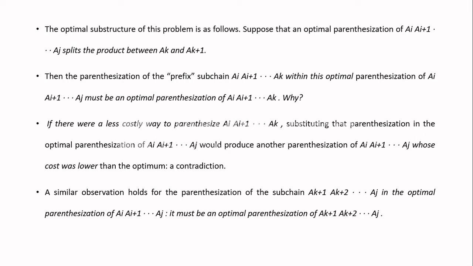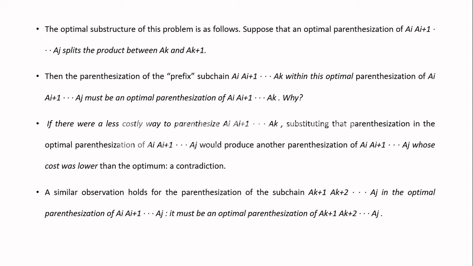Okay, it actually carries a lot of meaning, so it's not a simple thing. You have a long sequence Ai to Aj, you are splitting at Ak, and you are trying to find a solution for Ai to Ak. We say that this optimal parenthesization for Ai to Ak is part of the optimal parenthesization for Ai to Aj.